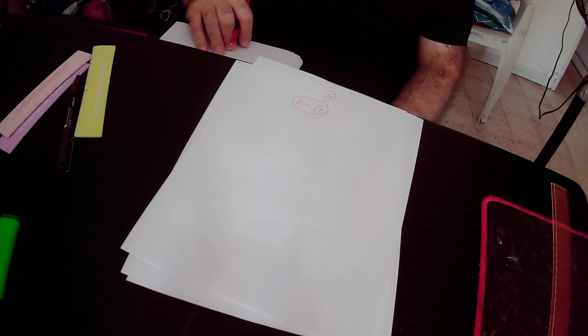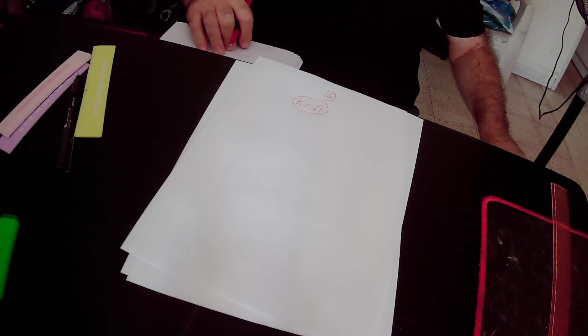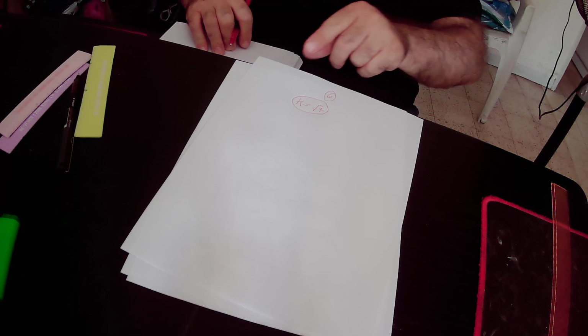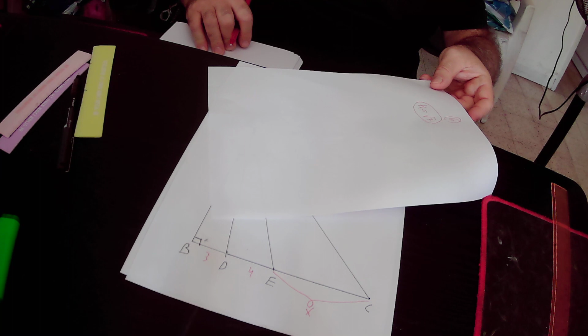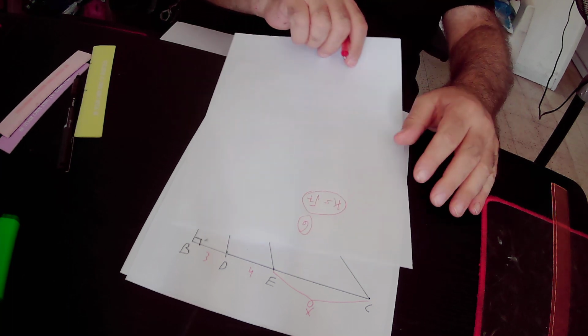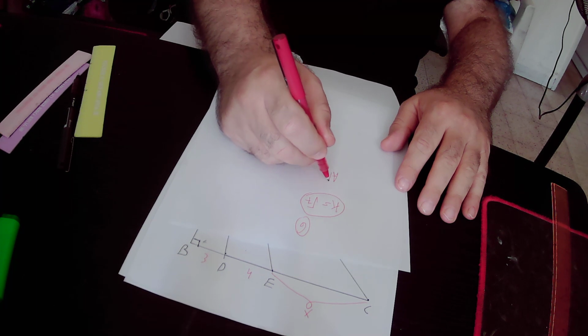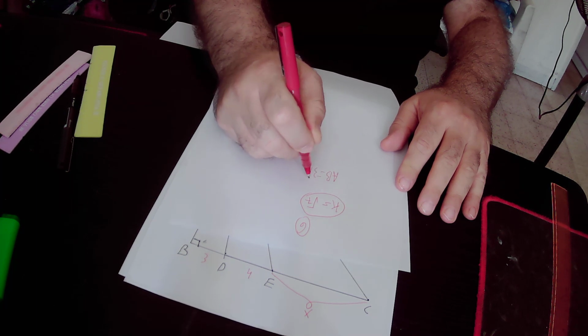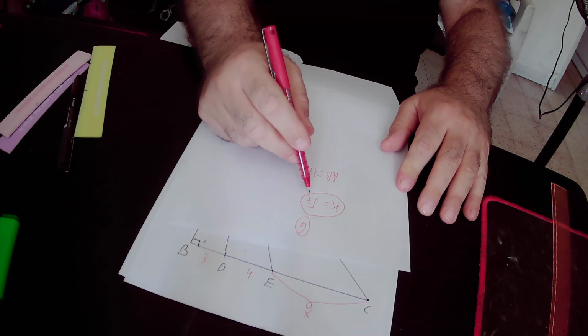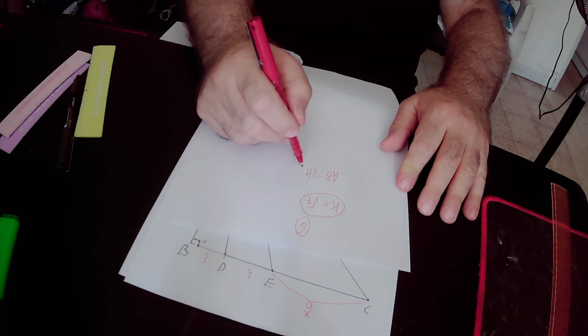Okay, so after we found out the value of K, we can substitute. We know that AB equals to 3K, so we can substitute K by root 7, because K equals to root 7.